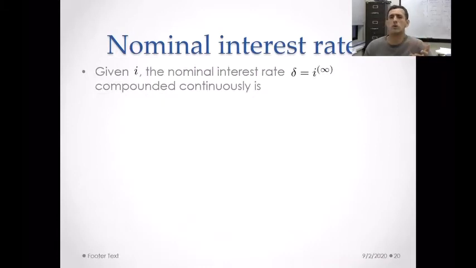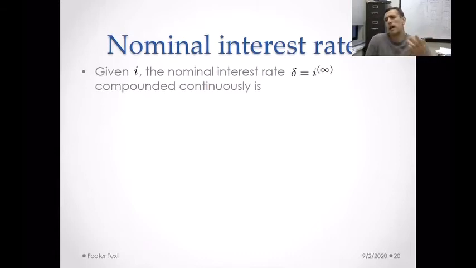Okay, let's now look at what happens when m is really, really large. That's a fairly realistic scenario. You might want to compute interest daily, which would be m equals 365. You might want to compound interest hourly, which would be 365 times 24, about 8,000 something.